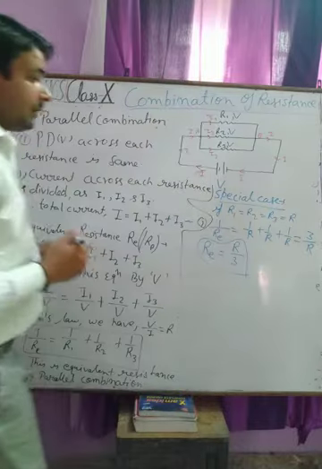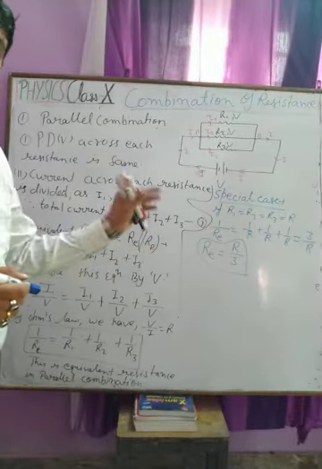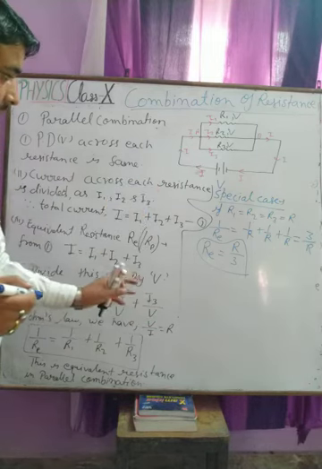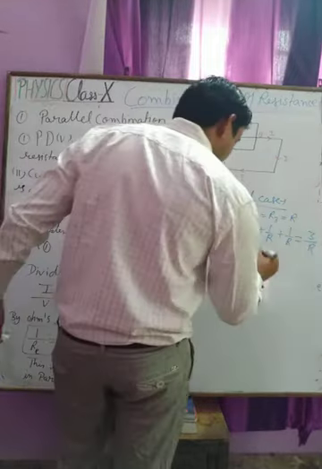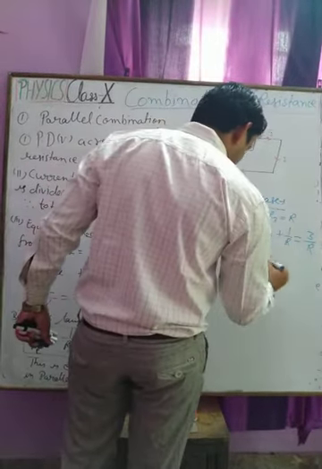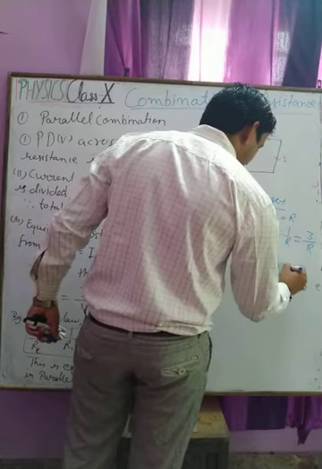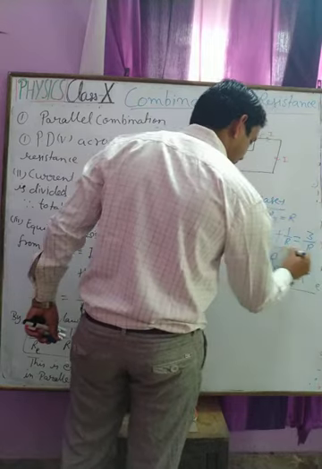That is, the value of the individual resistance is greater than the equivalent resistance. That is, if n resistors are connected in the combination, we are getting Re equal to R upon n by this rule.